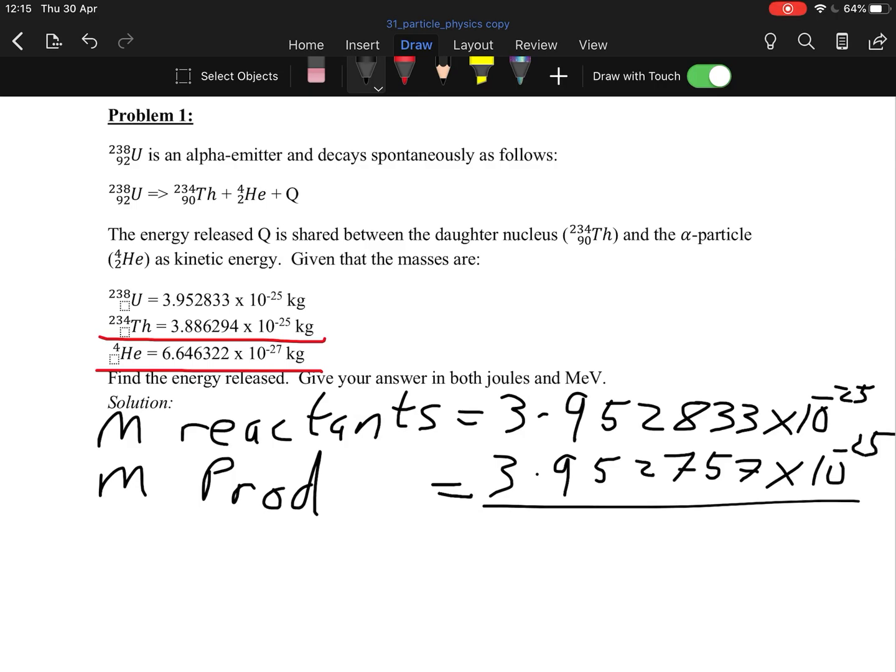So we subtract one from the other. 3.9528333 by 10 to the minus 25 minus that, and we should end up with 7.578 by 10 to the minus 30 kgs.